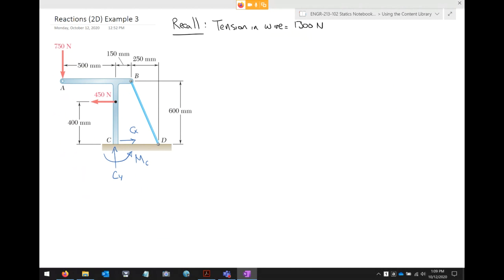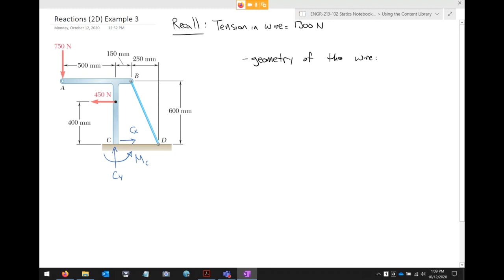Now, before we start applying our equations of equilibrium, the first thing I want to do is look at this wire. So first off, let's do some geometry of the wire. There's a couple of ways to look at that.